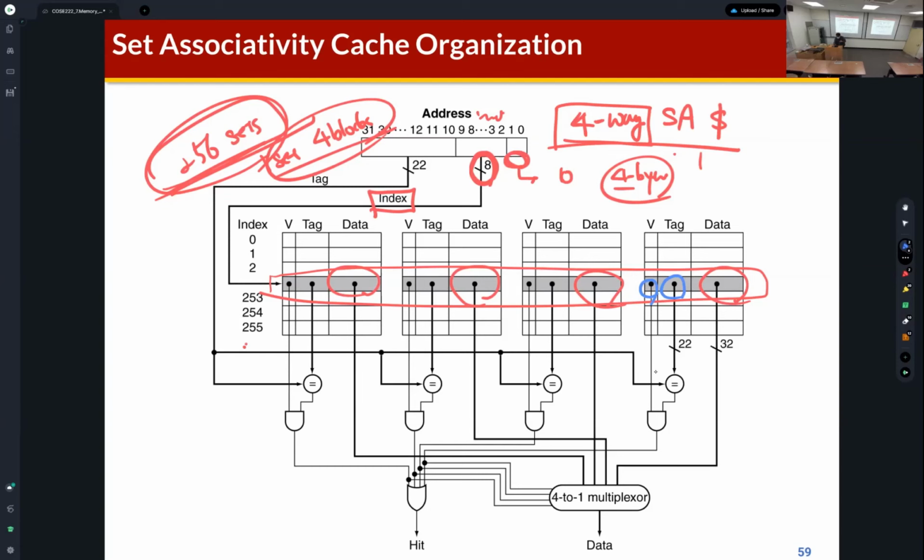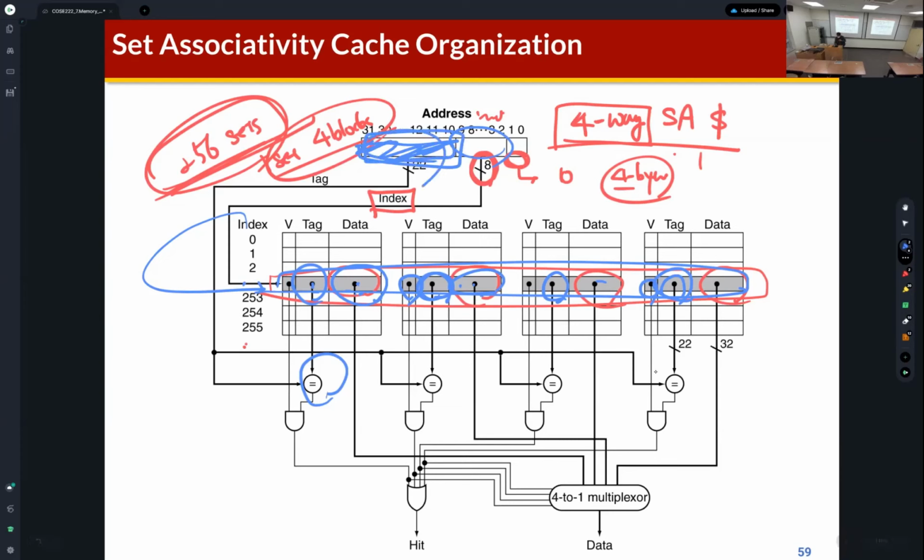Using this index field, the cache is accessed, and then we can read the data, tag, and valid bit from the 4 cache blocks of the same index. Then we just compare these 4 tags with the tag part of the address.